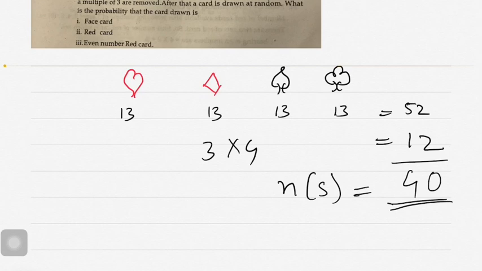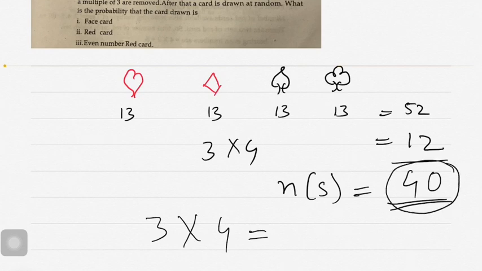What is the probability that the card drawn is a face card? Okay. Face card means Jack, Queen and King. Right. So Jack, Queen and King means 3. There are 3 face cards for every sign. So 3 into 4. You have not removed those cards. You have removed cards which are multiple of 3.